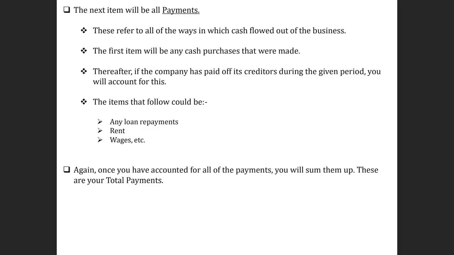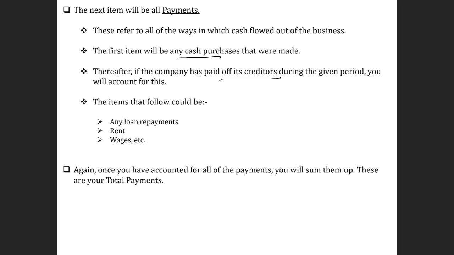Then you measure all of your payments or your total expenses. So this is looking at first and foremost all of the purchases that were made, any in cash and then any on credit. So again here, your creditor schedule also comes into your cash budget.